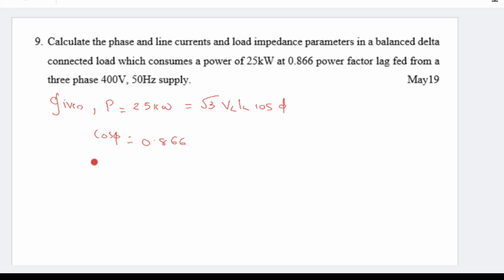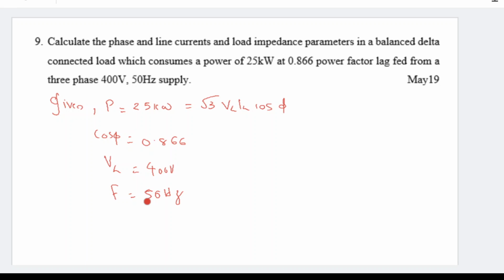And the supply voltage, line voltage, they have given us 400 volt, and the frequency they have given us 50 hertz supply. Okay, so we will proceed doing it. If you want, you can just pause the video and try it by yourself, and I will be solving the question. Let me take the calculator first.